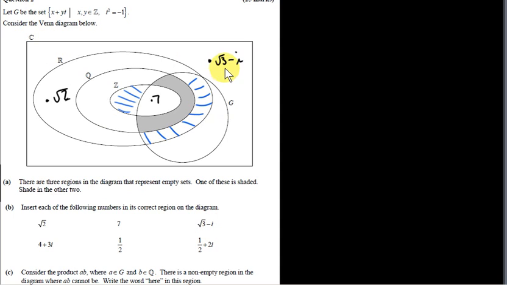It's a complex number. What about 4 plus 3i? Well, that actually belongs inside G, because it's a complex number with integer values for the real and imaginary parts. 4 and 3 are both integers, so it belongs here.